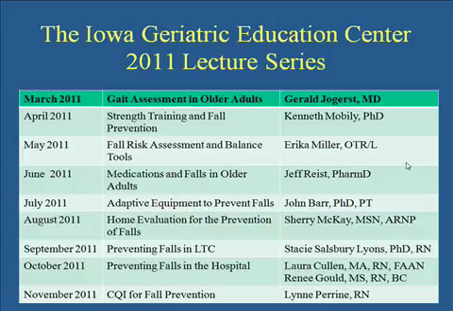Erica Miller, occupational therapist with ONR, will talk about fall risk assessment and balance tools. I hope you learn more about the Berg Balance Scale. Medications are a major issue, and we've invited Jeff Race, one of our pharmacists at UIHC, to discuss that topic with you. Home modifications often require adaptive equipment.